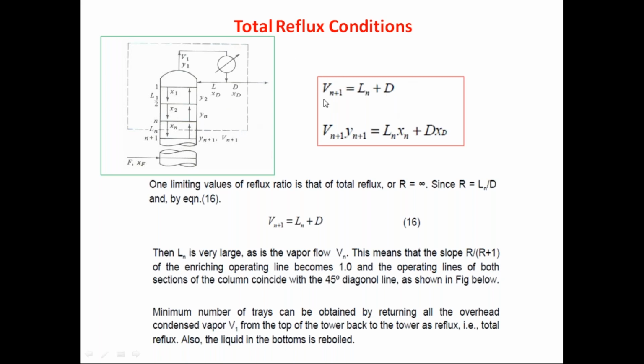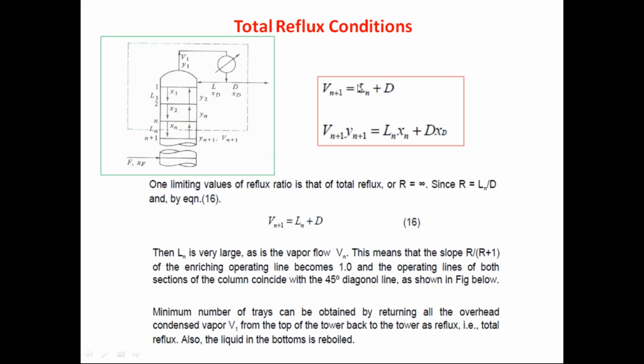Including the condenser, if you find the overall material balance, then Vn plus 1 is equal to Ln plus D. This is the overall material balance, because to this enrichment system, excluding the feed tray, the vapor enters and the liquid comes down. So this is the vapor which is entering, that will be split into the liquid which is entering into the column, and the distillate which is withdrawn.